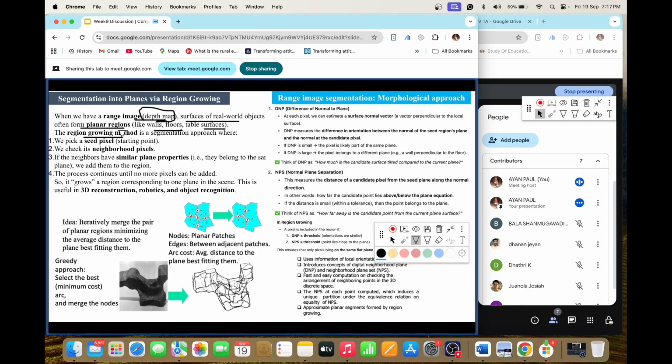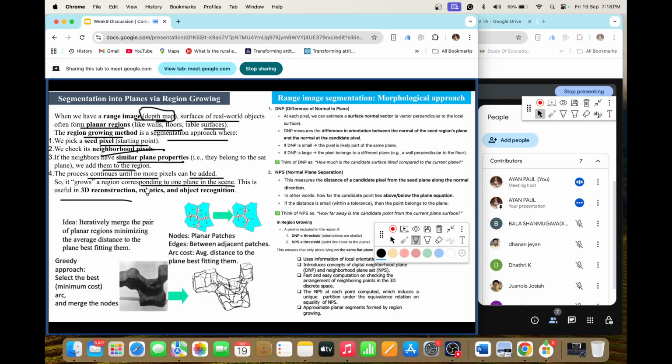The region growing method is a segmentation approach where we pick a seed pixel or starting point and then check its neighborhood pixels. If the neighborhood pixels have similar plane properties, we add them to the region. The process continues until no more pixels can be added. So it grows a region corresponding to one plane in the scene. This is useful in 3D reconstruction, robotics, and object recognition.